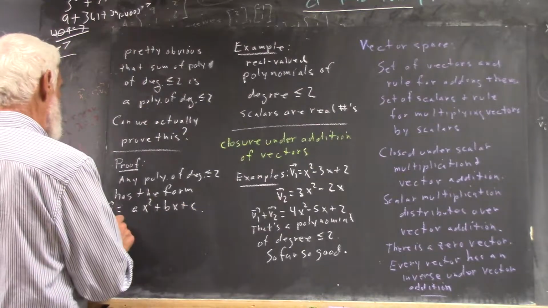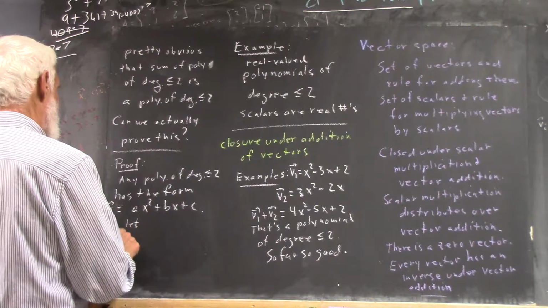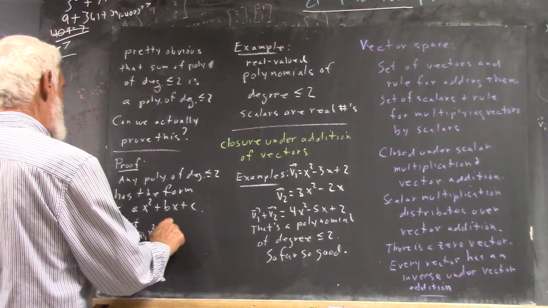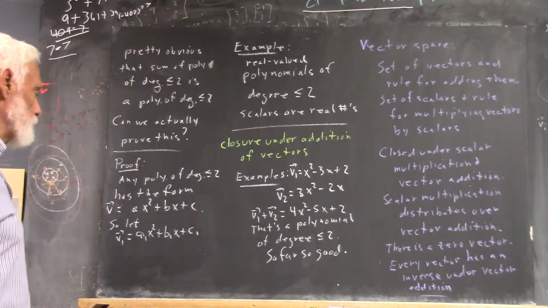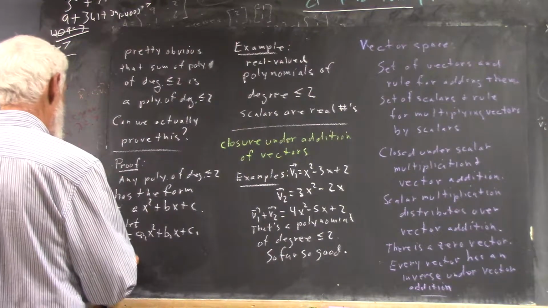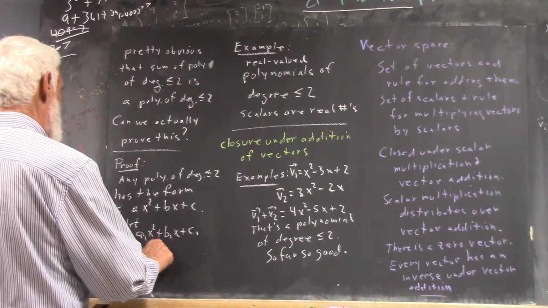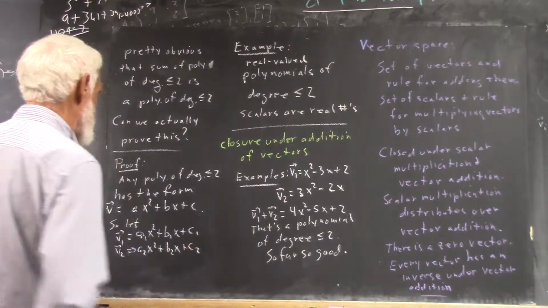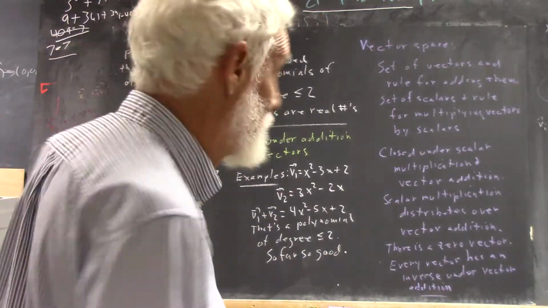So, let V1 equal A1x squared plus B1x plus C1. V2 equals A2x squared plus B2x plus C2.